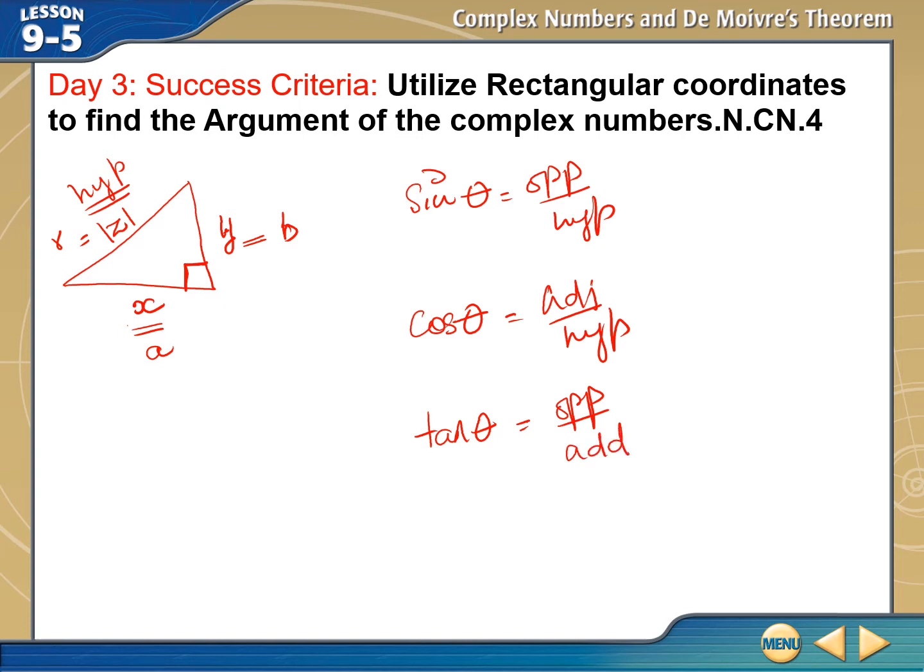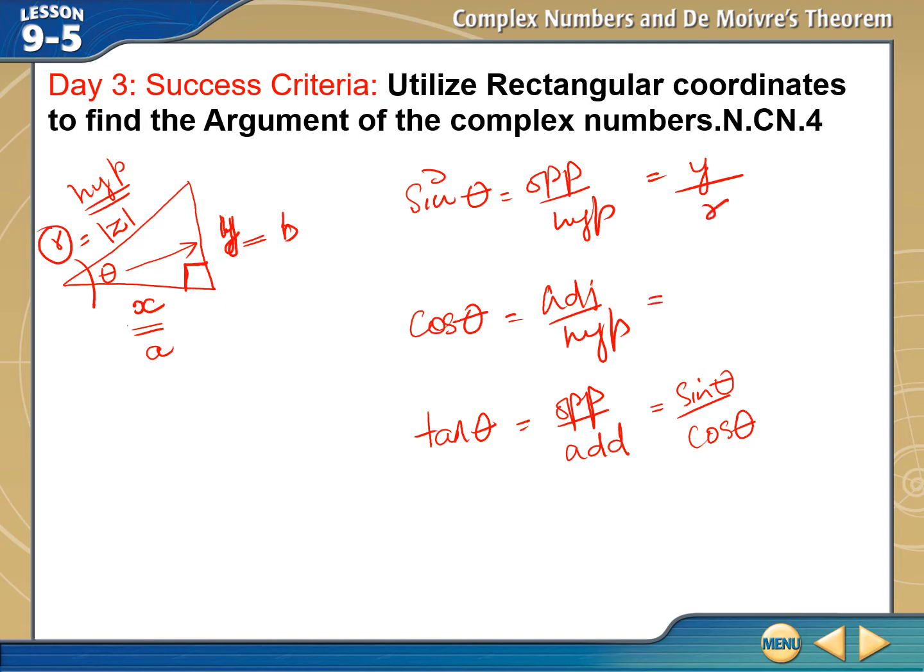Tan theta can also be written as sine theta over cosine theta, so this is also a formula for tangent theta. If here is the angle theta, the opposite is y, and the hypotenuse, let's suppose, we are representing by r.